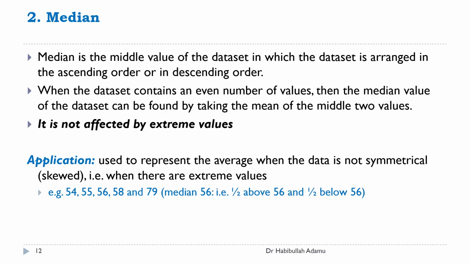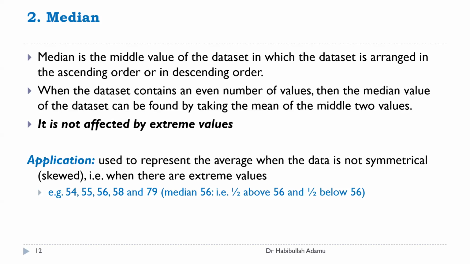So 21 divided by 5 is 4.2. So that means the mean age is approximately 4 years. So if you are told you have 5 patients to see and their mean age is 4 years, you know that you are dealing with small children, even preschool children, as the case may be. So it gives you a clear picture.